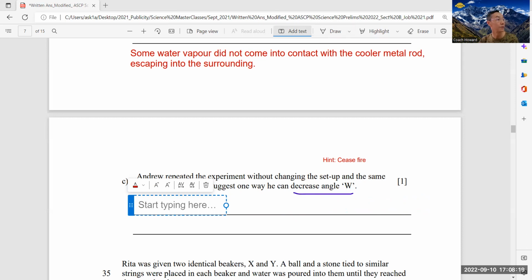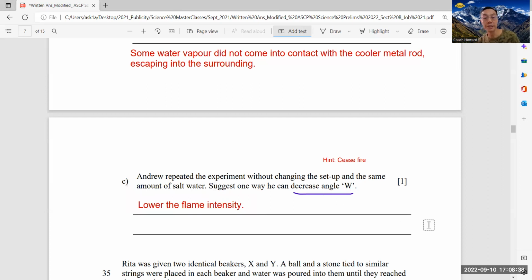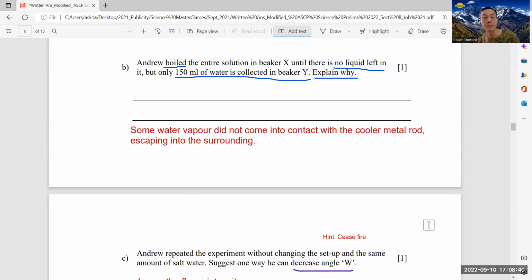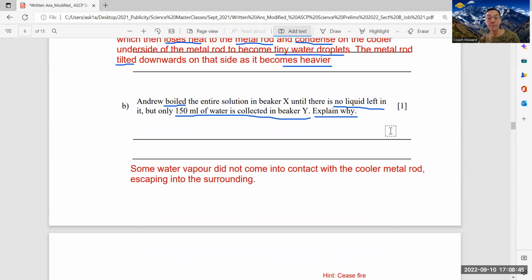Okay, lower the flame intensity here. That's all. So this is the question for this. Do take note of this question, quite important. Understand the experimental setup.